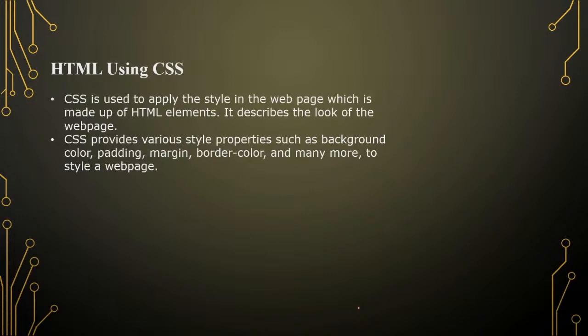CSS provides various style properties such as background color, padding, margins, border color and many more to style a web page. There are three parts of CSS, that is inline, internal and external CSS. In this video we are going to understand how to apply CSS at a very basic level.